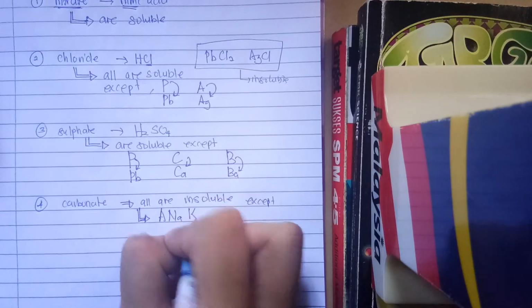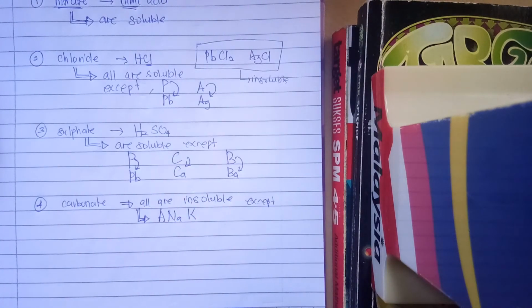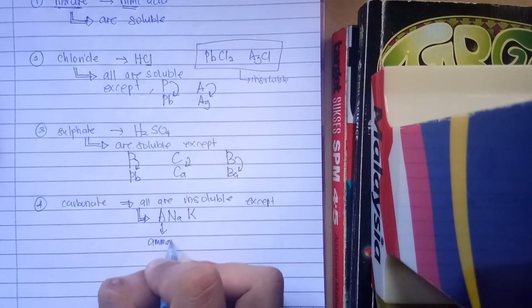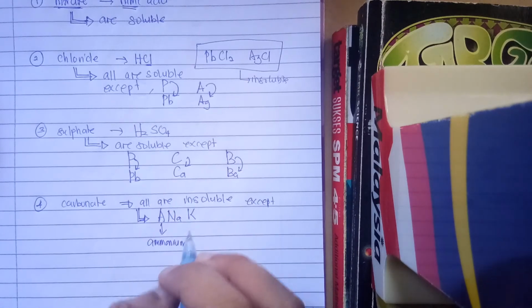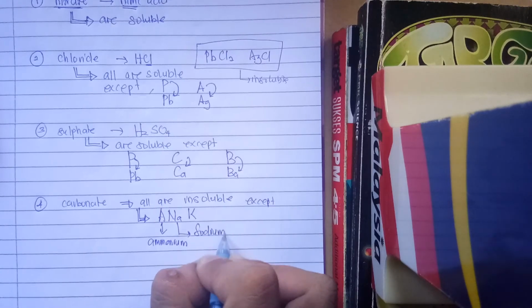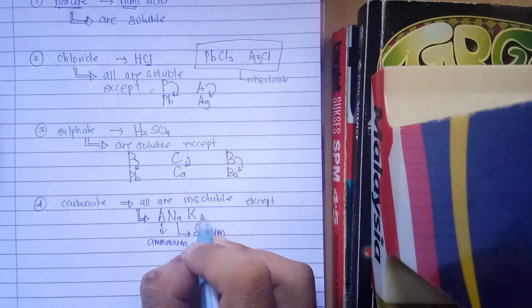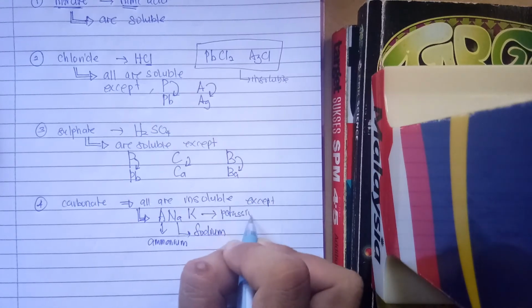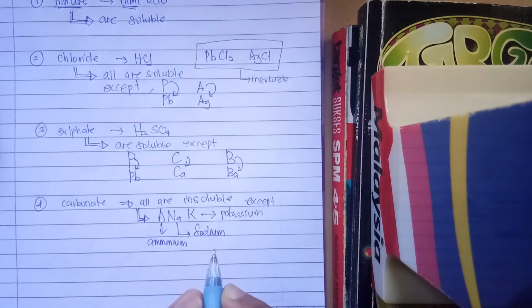For your information, anak in Bahasa Malay means kids. A refers to ammonium, so ammonium carbonate is soluble, and A is sodium, so sodium carbonate is soluble. K is potassium, so potassium carbonate is soluble. So this is how you memorize your soluble and insoluble salts.